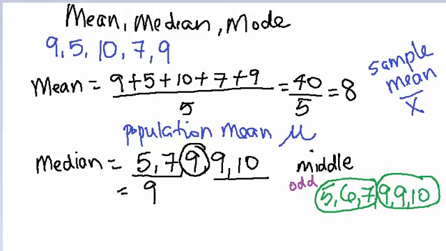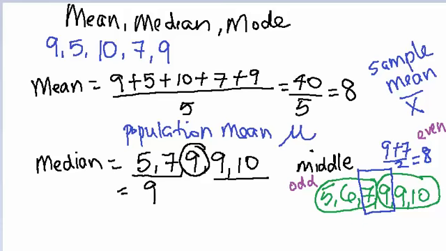So what you would have to do is take the 2 middle numbers. The 7 and the 9 are the 2 middle numbers. Get the average of those 2 numbers, and that becomes our median. So 9 plus 7 divided by 2 is equal to 16 over 2, is equal to 8. So we have our median as 8 when we have an even number of numbers.